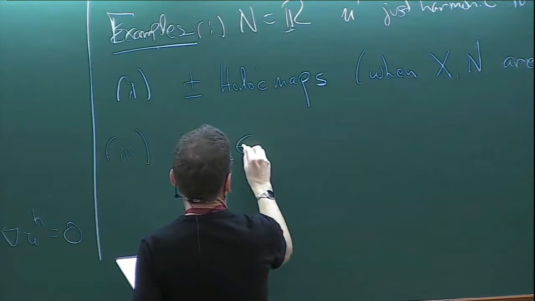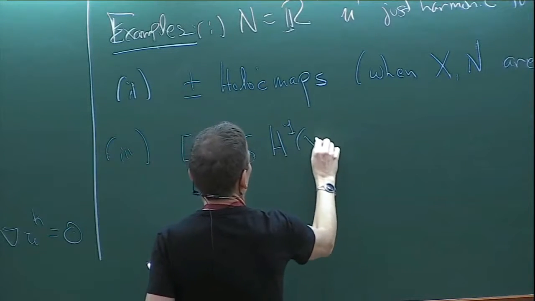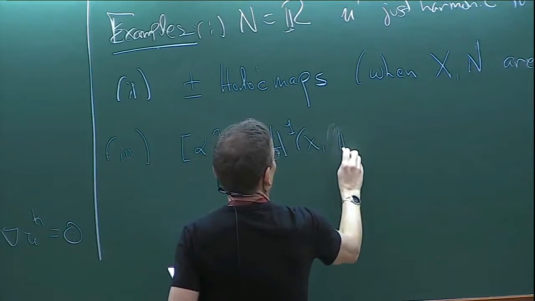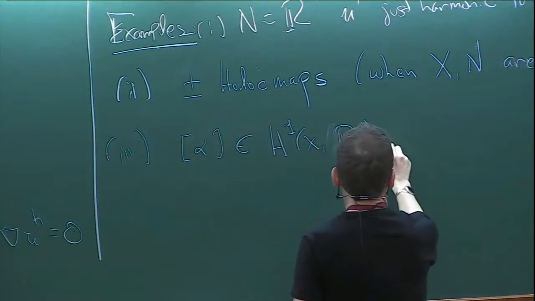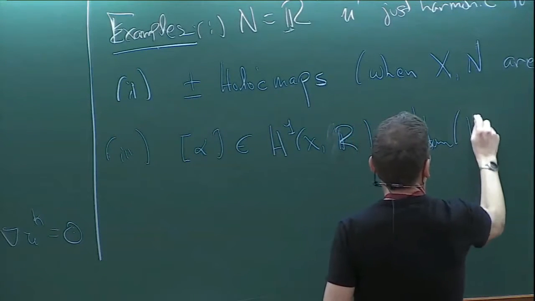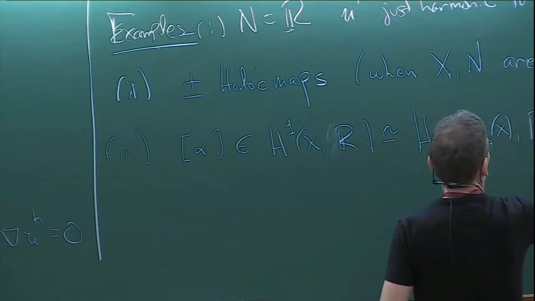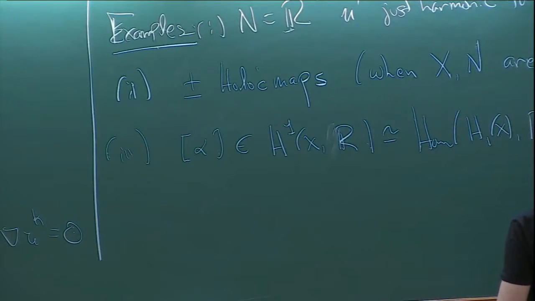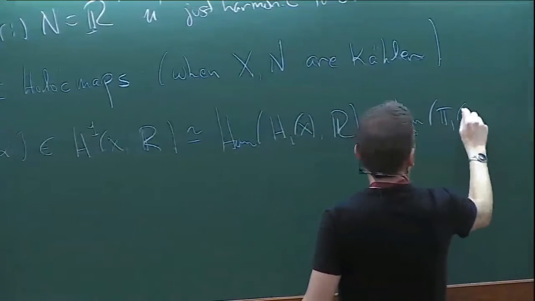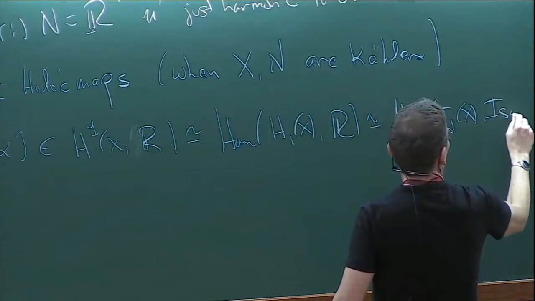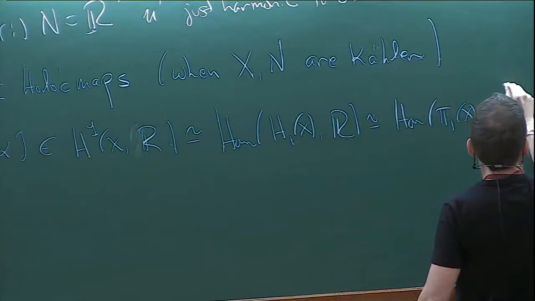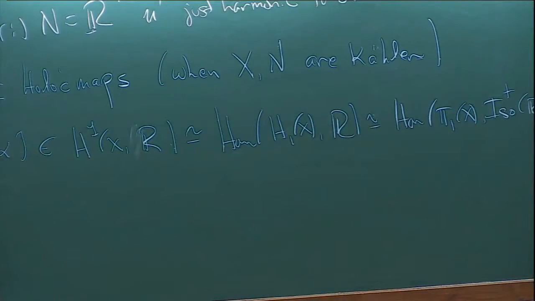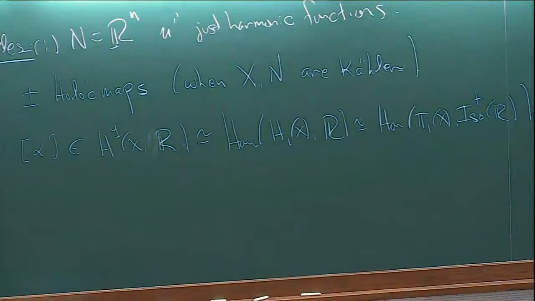Suppose I take a cohomology class, in the first cohomology, let's say with real coefficients on X. I can think of this as Hom of H1 of X into R. And I can think of this as Hom, if I like, of pi1 of X into the isometry group of R, actually just the translations on R. So I can think of this as giving me a representation of the fundamental group into the isometry group of my target, which is just R in this case.